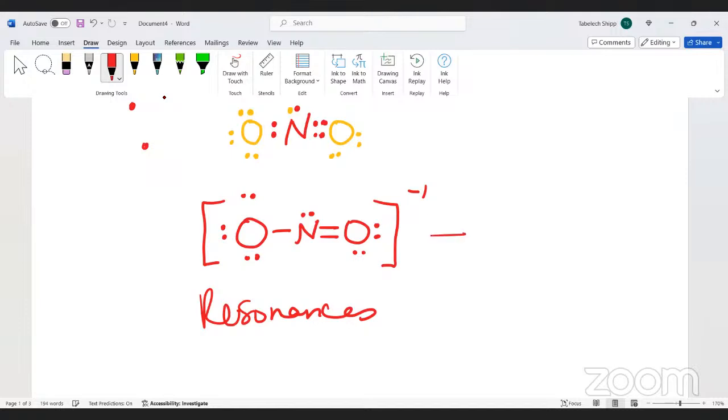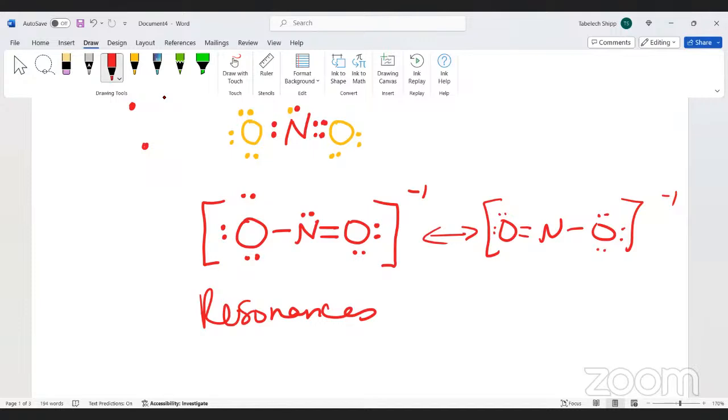That means I can actually put my double bond on this side now, okay? So resonance just means the ability for your double bond to be moved to a different location.